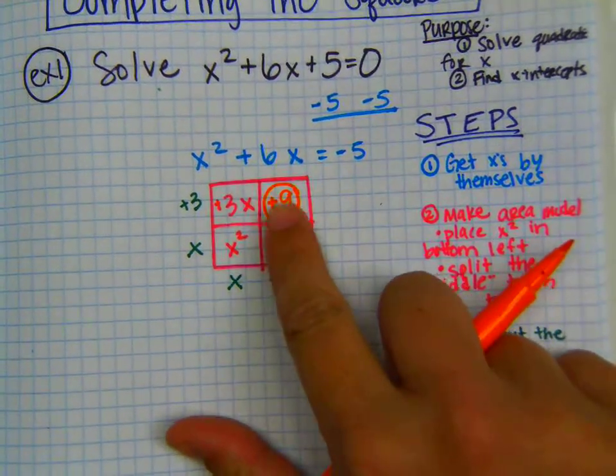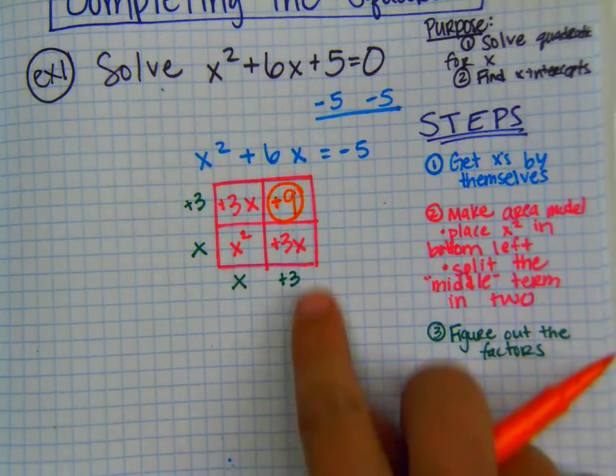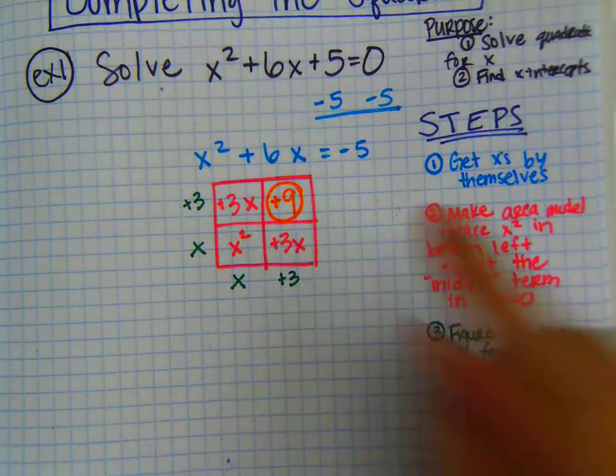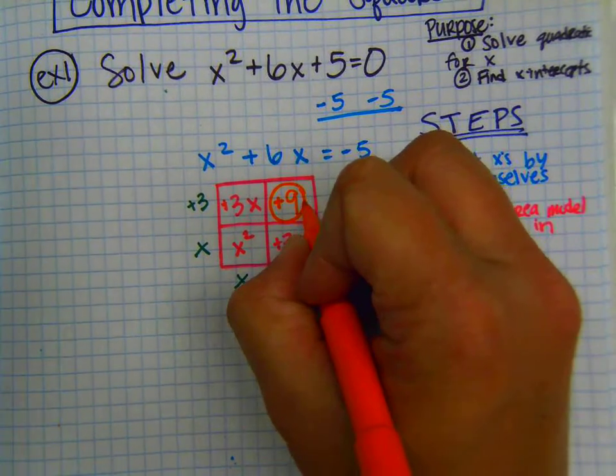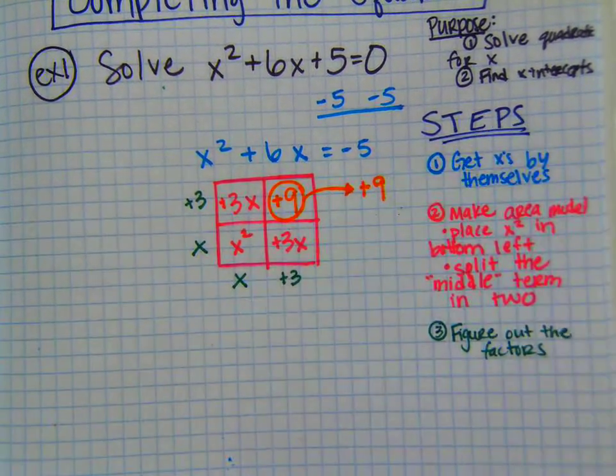If I put a 9 over here on this side of the equal sign, I also have to put it on this side of the equal sign. So I'm going to show you that I'm going to go like this and say, well, that's going to have to go over here as well.